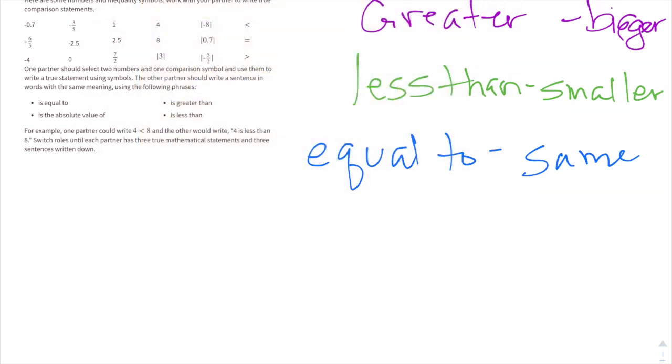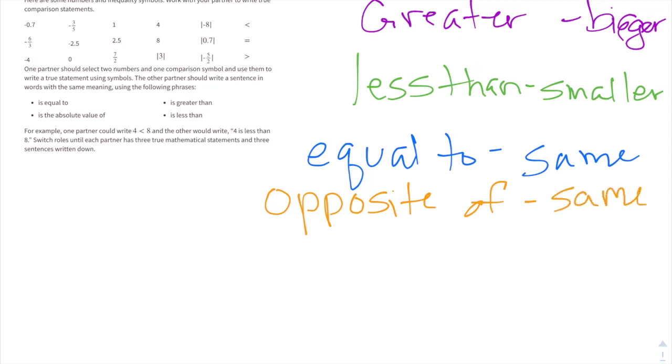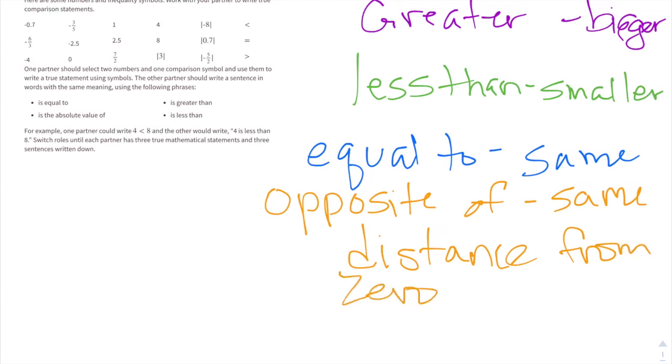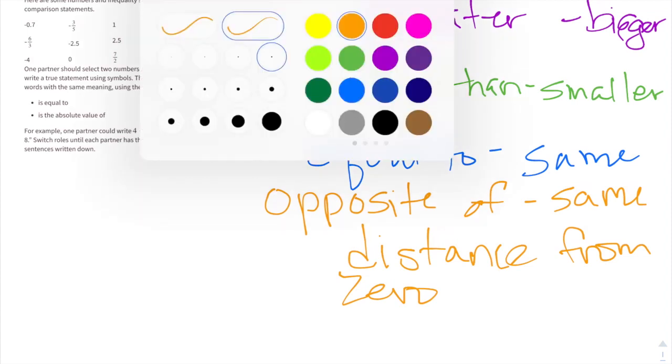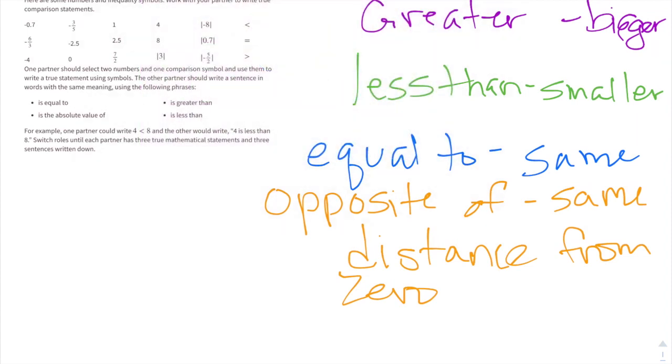Earlier we talked about opposite of. And remember, opposite of means same distance from 0, but opposite direction. And then we also have absolute value of.